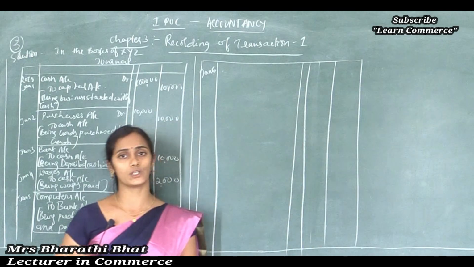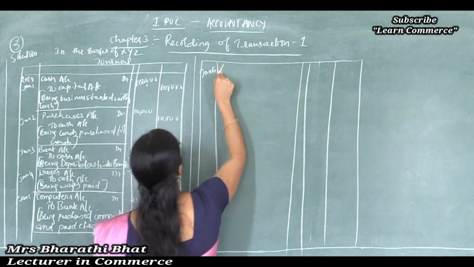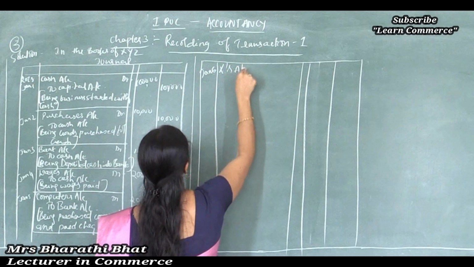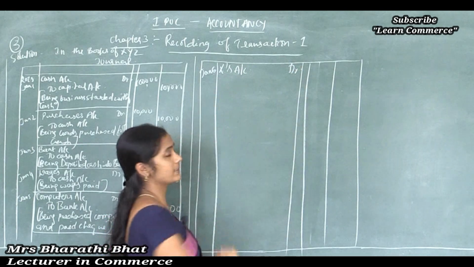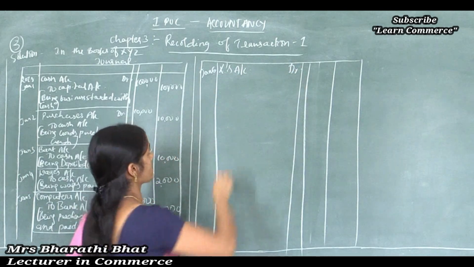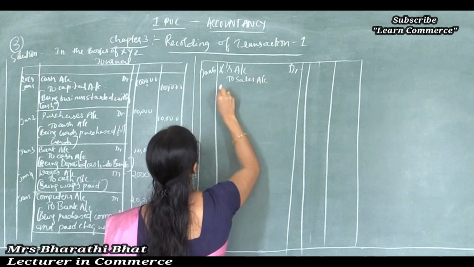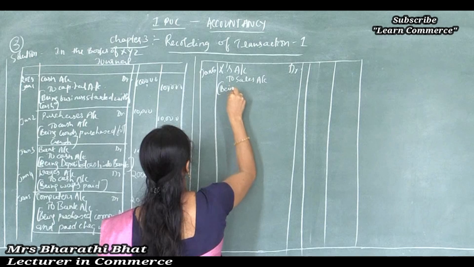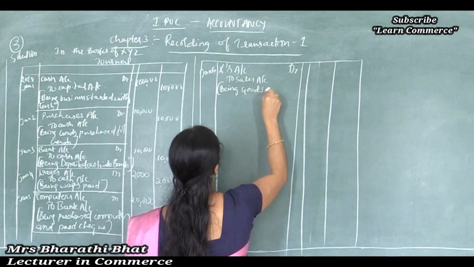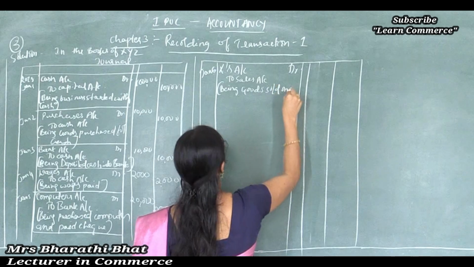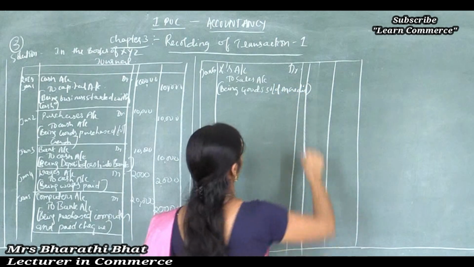Increase in revenue is to be credited. So sales account is credited here. X is a debtor, so asset increases, to be debited, and to sales account. In bracket, being goods sold on credit, costing rupees 10,000.